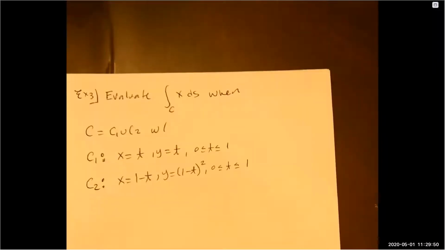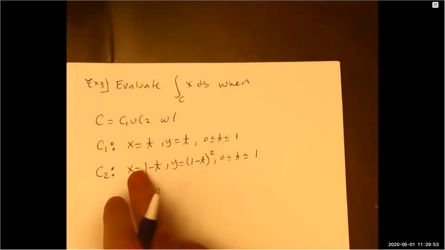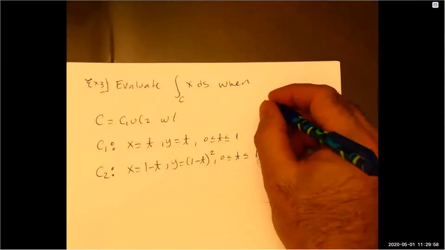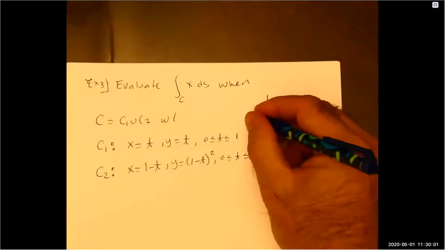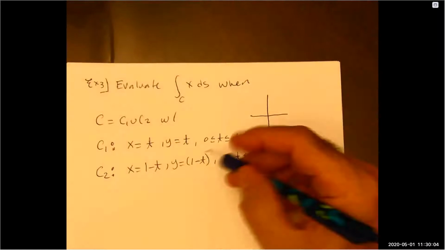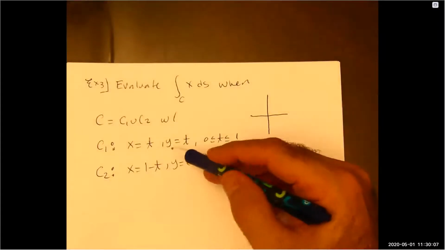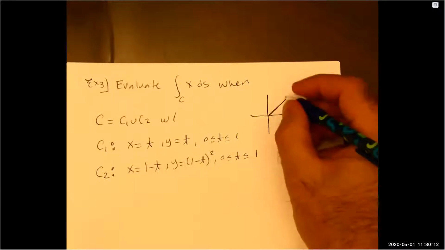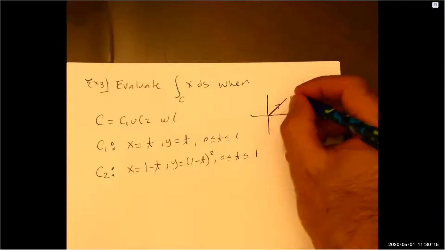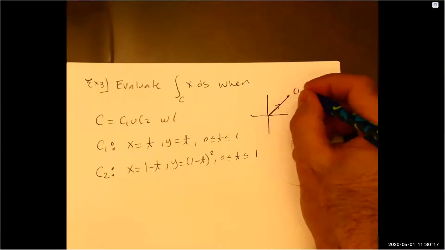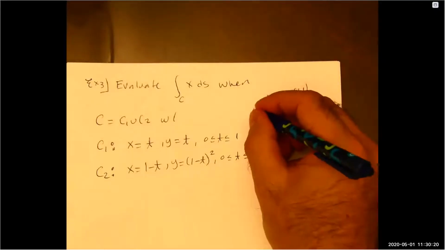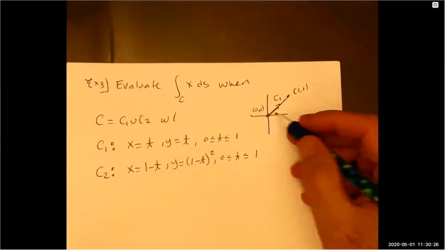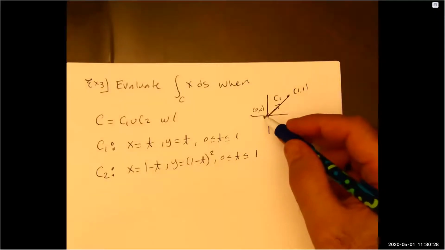All right, so we have these 2 curves, and C is the union of these 2 curves. And so if we want to draw a picture of what this would look like, C1 is just a line. You have X equals T, Y equals T. That's just a line that goes like this. And so this is C1. Here you have the point 1, 1. And then here you have the point 0, 0. So this is just C1 going along the line Y equals X in between 0, 0 and 1, 1.